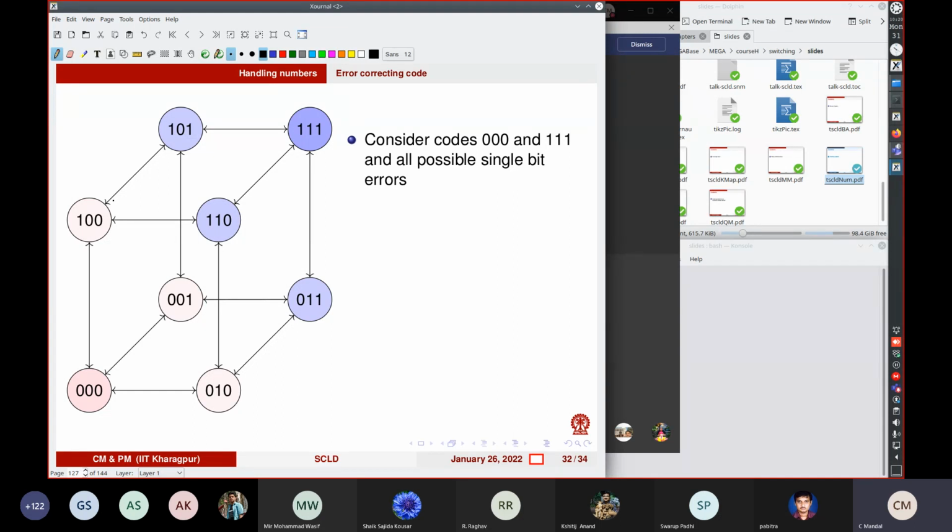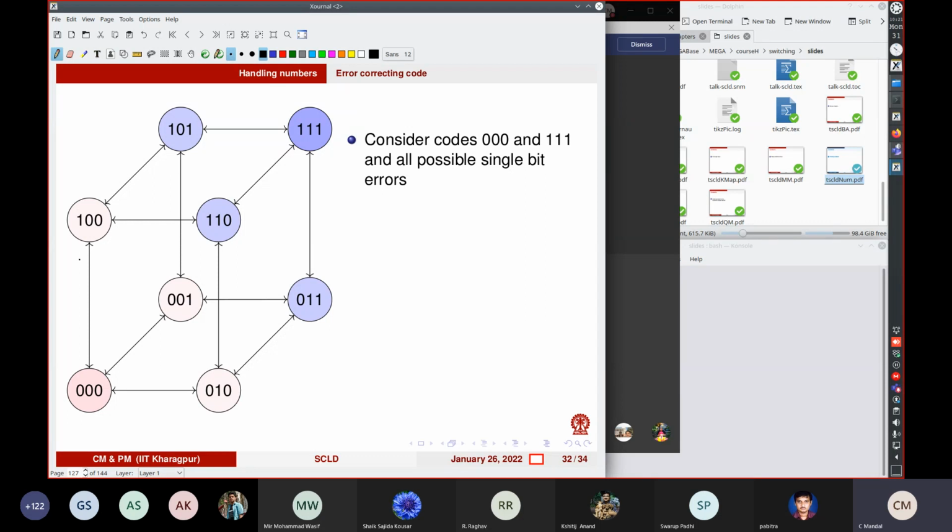All right. So what does that tell you? That tells you that you can detect single bit errors. You can not only detect, you can also correct. You can detect and correct.